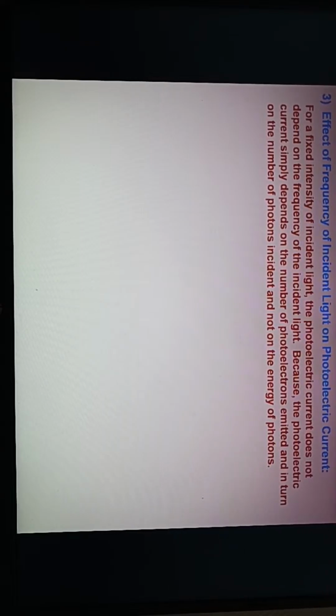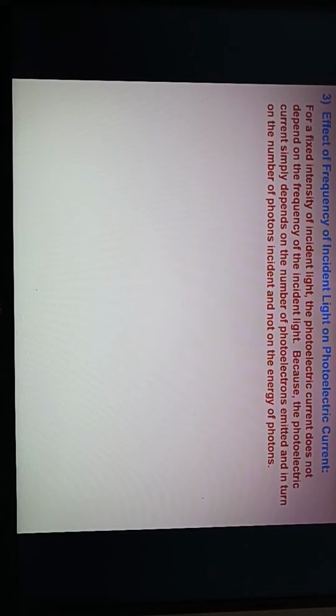Each photon ejects one electron instantly. If the number of photons increases, the number of electrons emitted will increase.